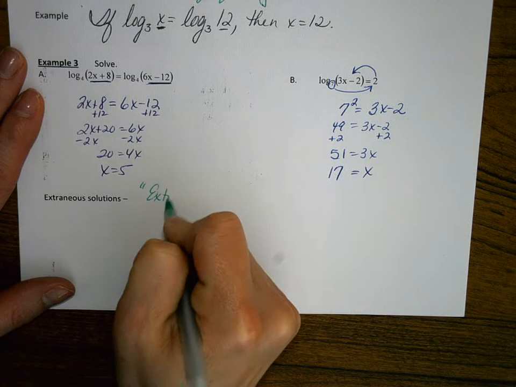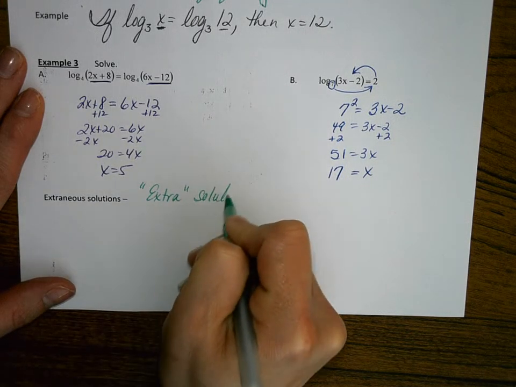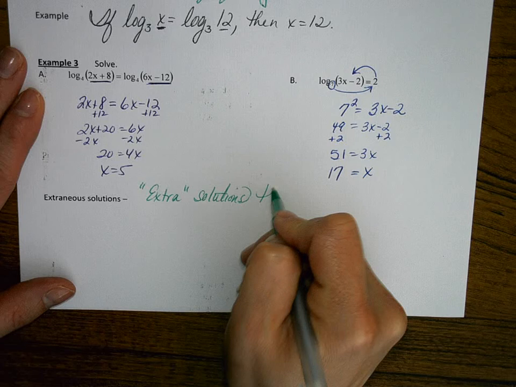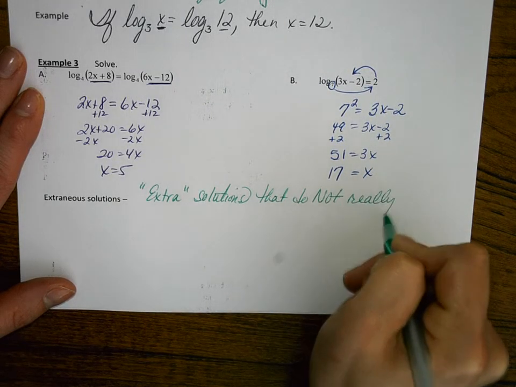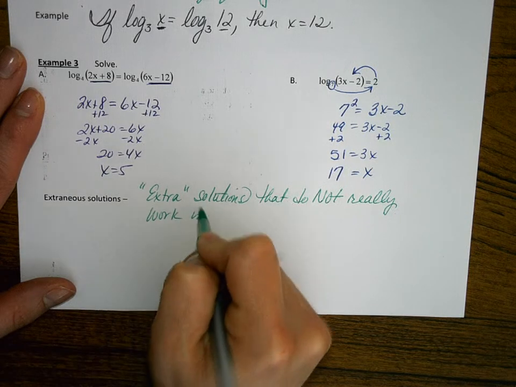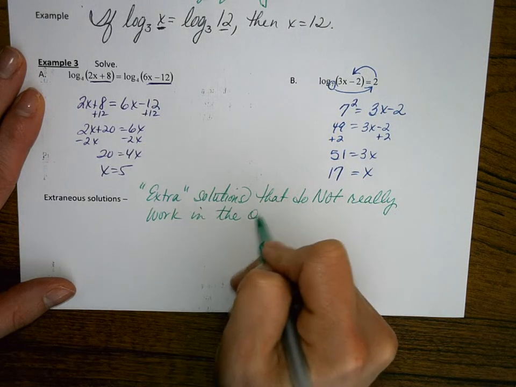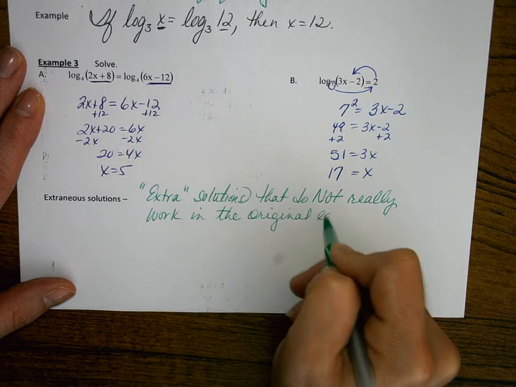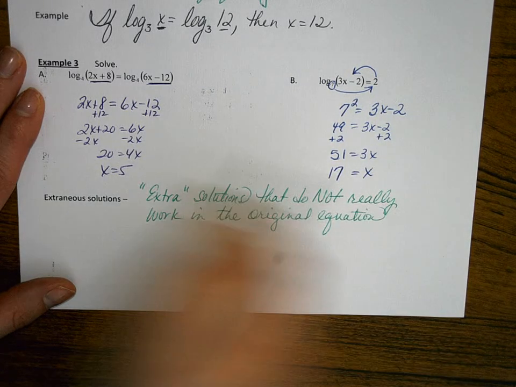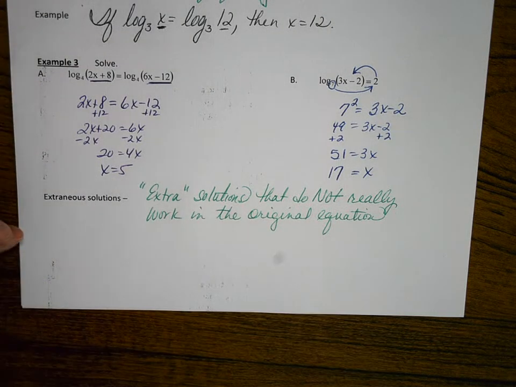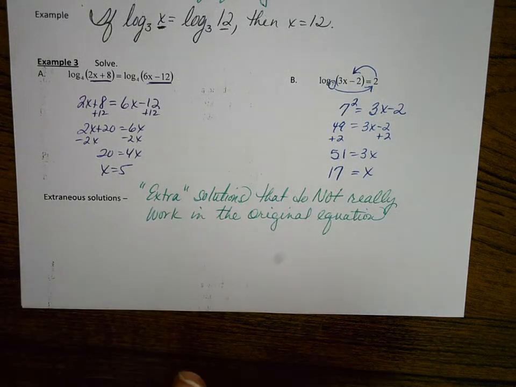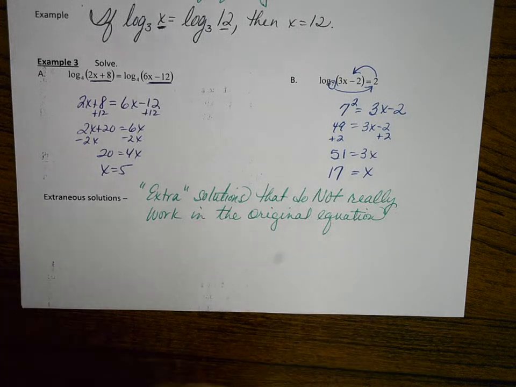They are extra solutions that do not really work in the original equation. And how do we get them? Yep, we've gotten them in cases where we've had to square root both sides of an equation. In this case, we get them in situations where logs are involved in our solving process. How do we make sure we get rid of them? We got to check.